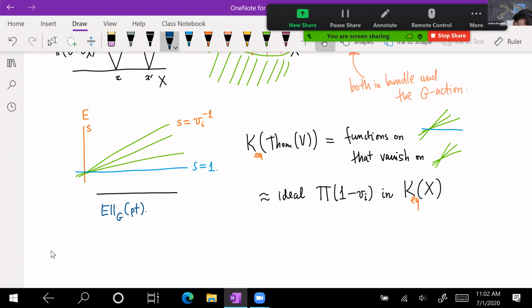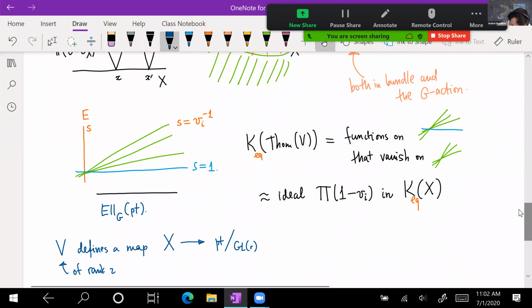If I have a vector bundle V of rank R, it defines a map from X to the classifying space, point mod GL_R or U_R.